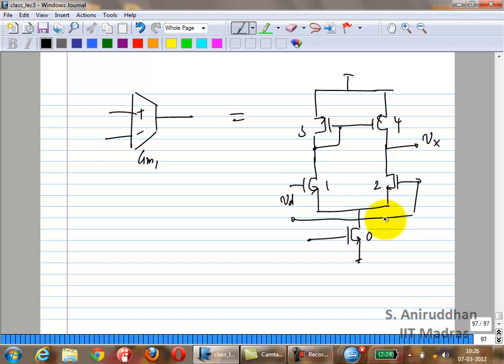What is your GM2 stage going to look like? So you also have, this is your CF, this is your actual output voltage, and this is your GM2.